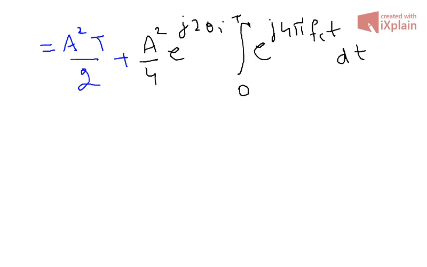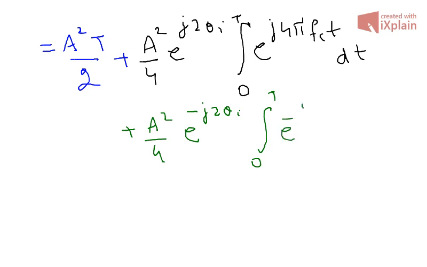And there is another part, which is A squared over 4 e raised to the power minus j2θ_i. I'm just rewriting it to solve it further. e raised to the power minus j4πf_c t dt.